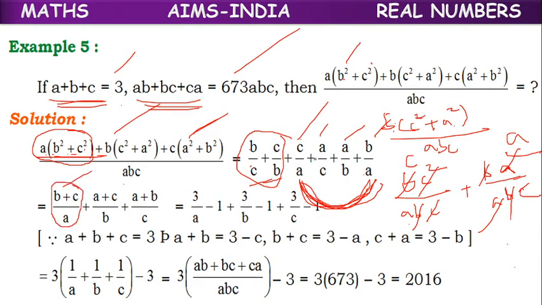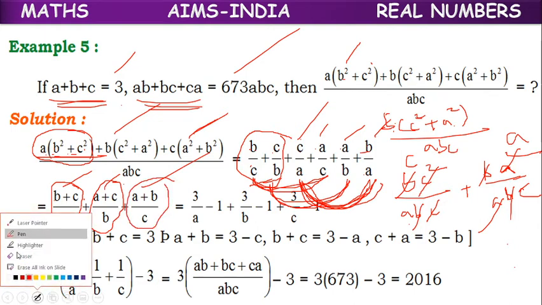Now these two, denominator b is there: c plus a, or a plus c by b. Now these two, denominator c is there: b plus a, or a plus b by c.